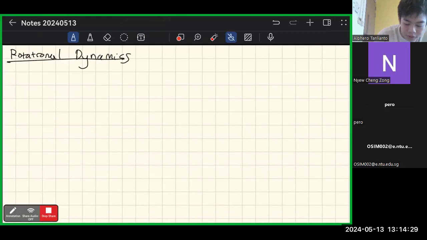So on this part, on these materials of rotational dynamics, it's very simple.